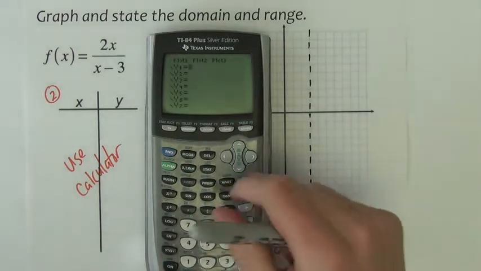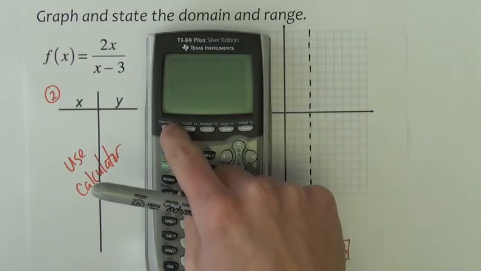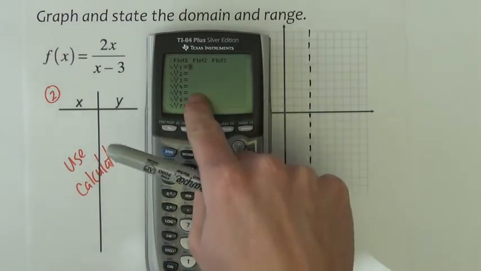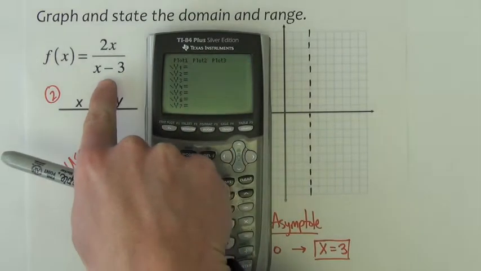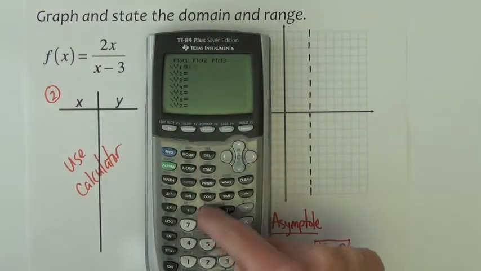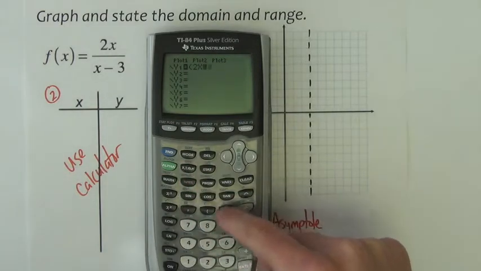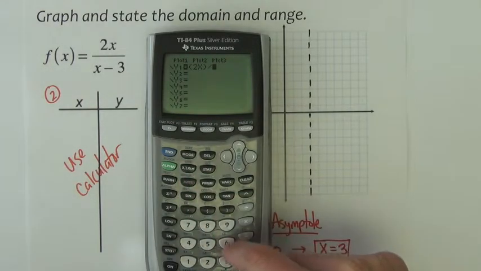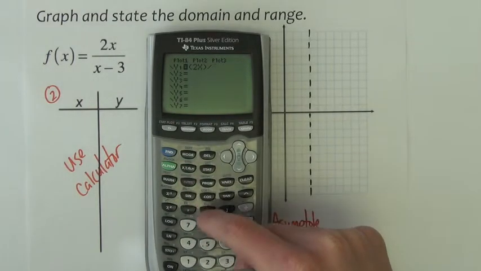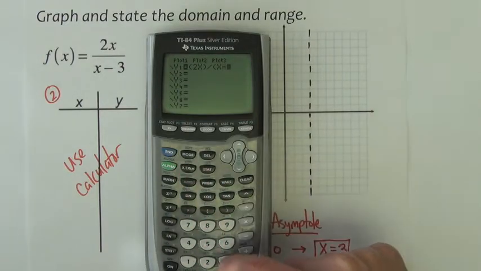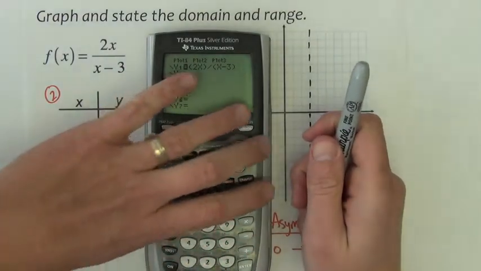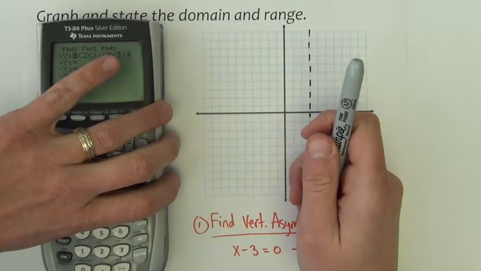So we turn on the calculator. Go to the y equals screen, and we're going to type in this function. I'm going to use parentheses around the top, 2x, divided by, with parentheses around the bottom, like that.